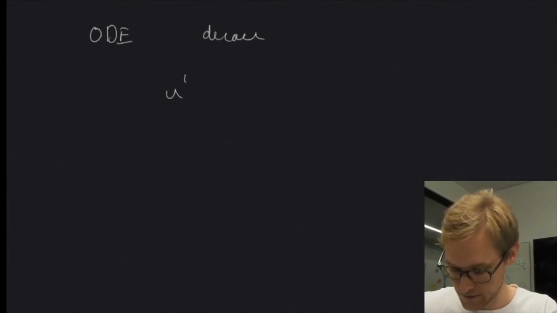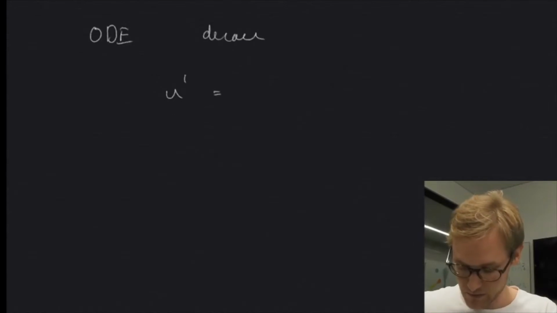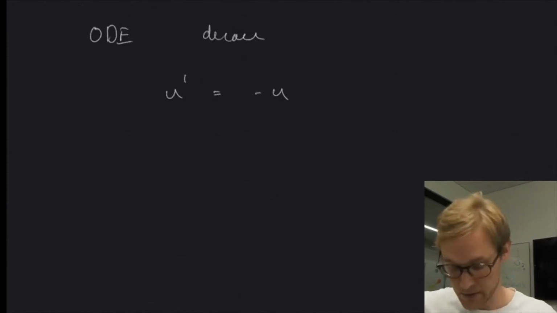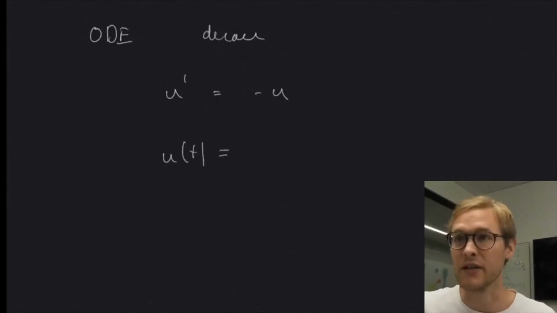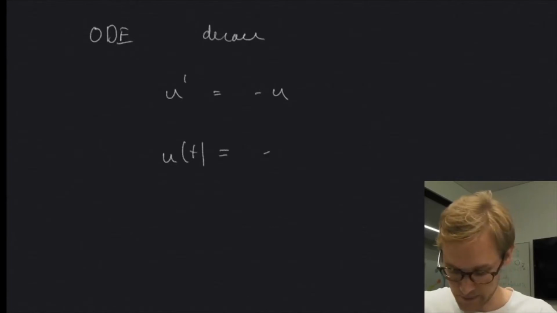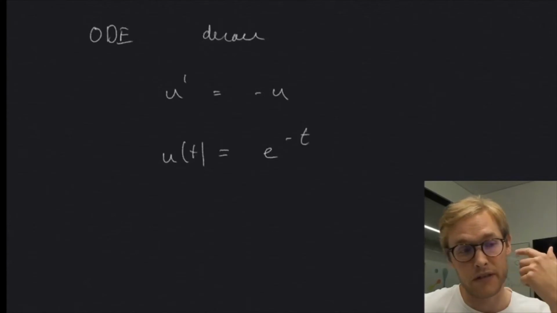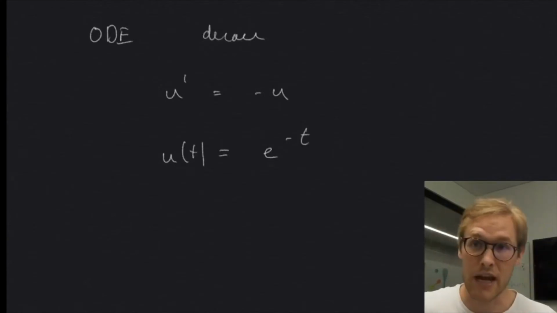It's just the derivative of u equals minus u, and we can write down the solution immediately, which is, well, it is dependent on time, obviously, but it's simply the exponential function with minus t in the exponent. So this is what we will solve both with the forward Euler method and the Runge-Kutta method, and we'll see how they compare.